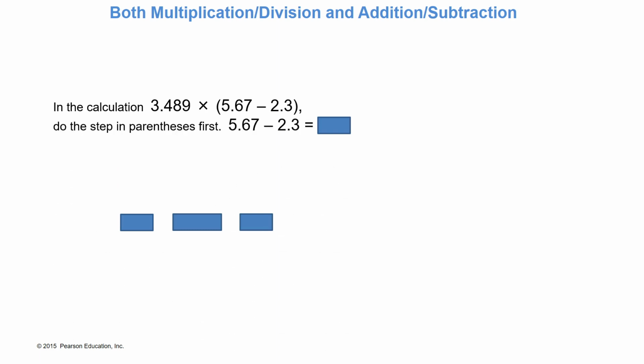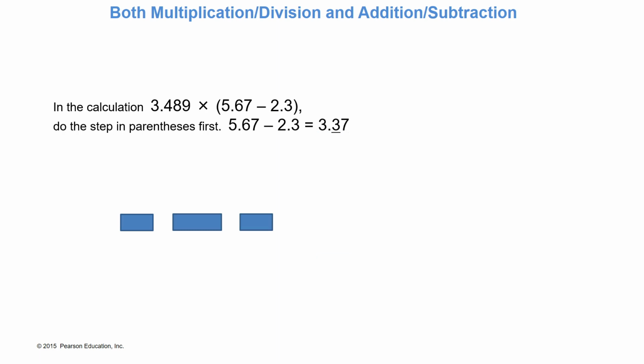So when I'm looking at addition subtraction rules, what's going to be the rule for my answer on this one? So I'm going to be careful not to say number of sig figs for addition subtraction. What can my answer only have as far as in the answer? One decimal place. So when I do this one, 5.67 minus 2.3, I get 3.37.